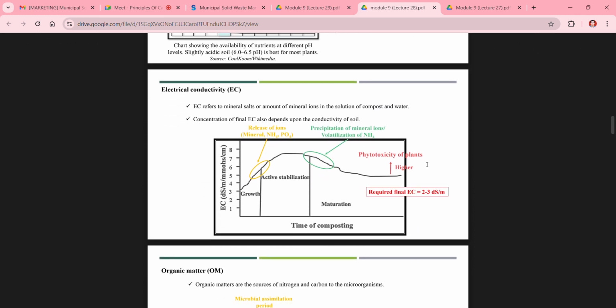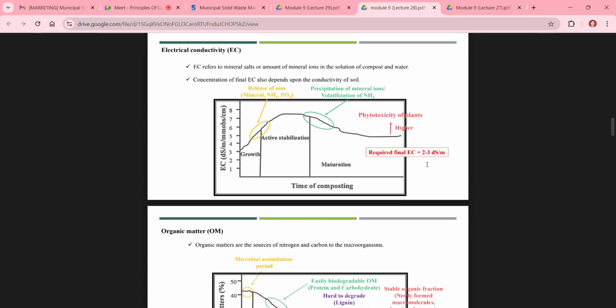Then electrical conductivity. The electrical conductivity refers to mineral salts, or the amount of mineral ions in the solution of compost and water, and that has to be at an optimum level of around 2 to 3 dS per m. The concentration of final EC also depends upon the conductivity of the soil.